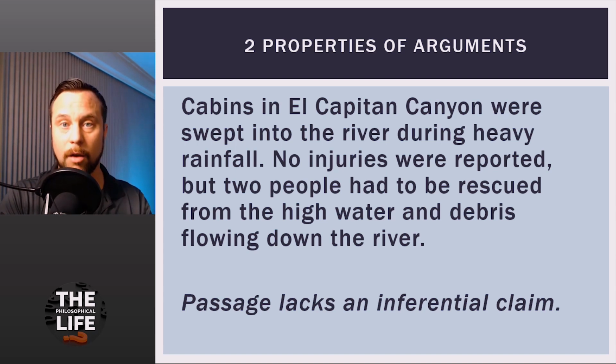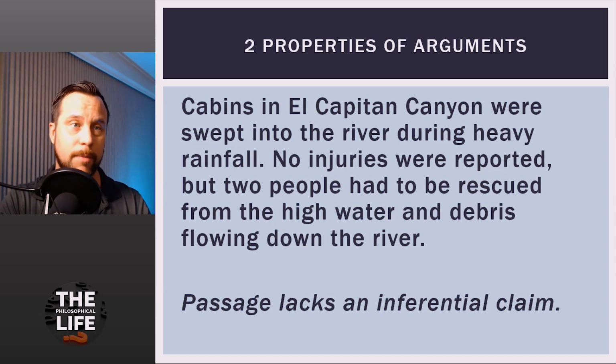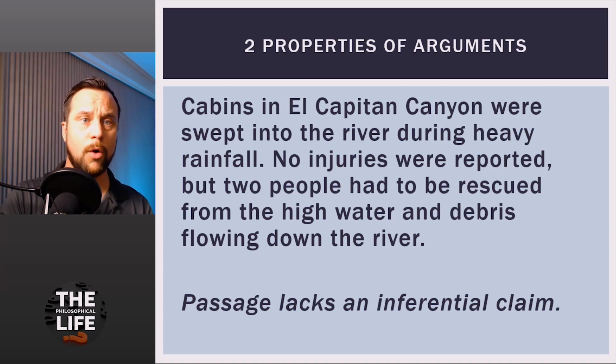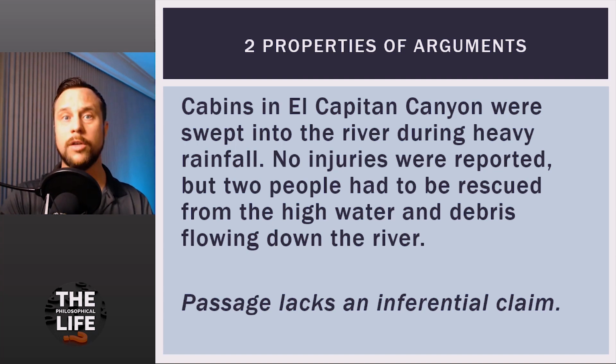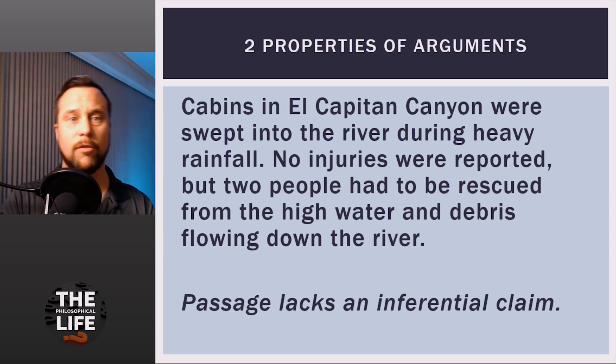Explanations in and of themselves are not arguments, and you can see this with a little pro tip: try to stick therefore in. Cabins in El Capitan were swept into the river during heavy rainfall. Therefore, no injuries were reported. Or, 2 people had to be rescued from the high debris and water flowing down the river.